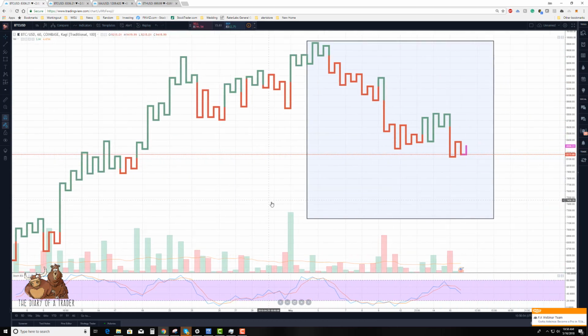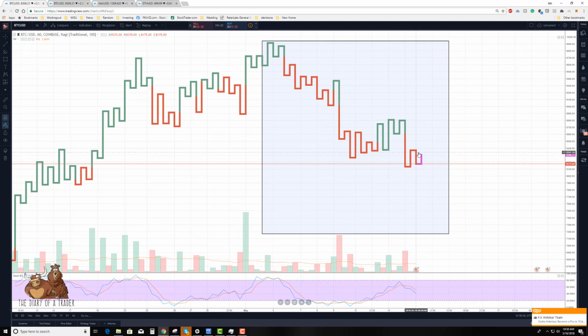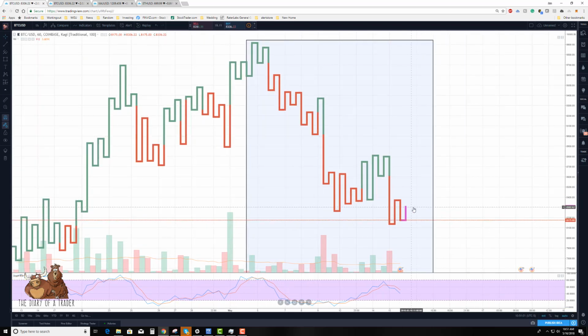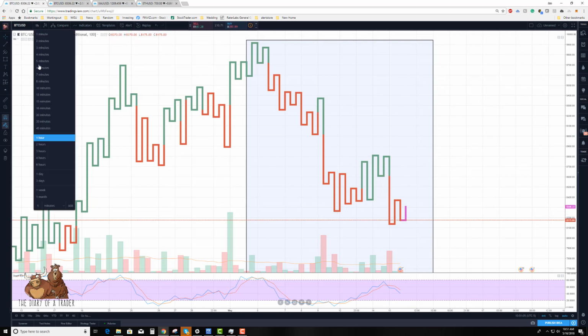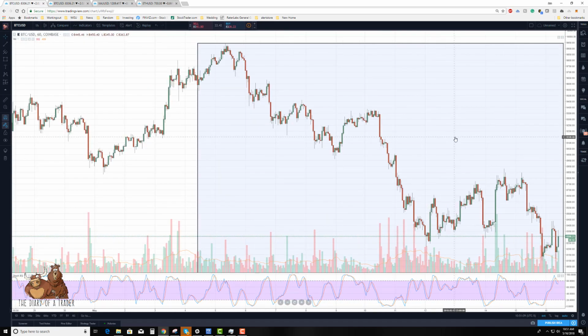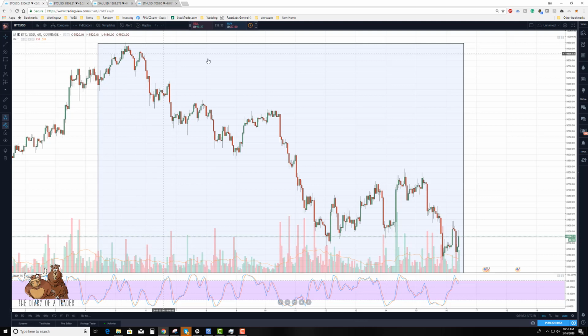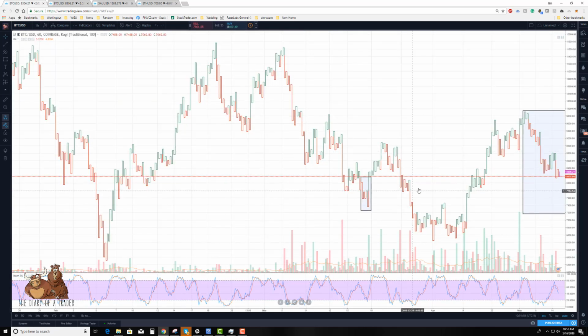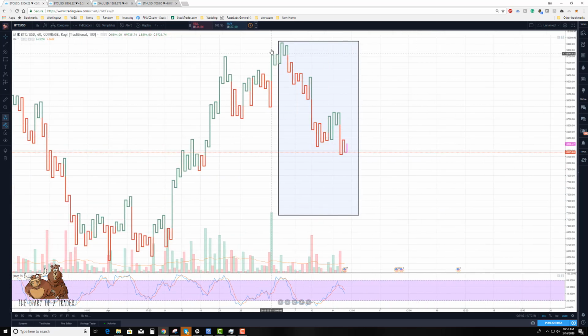And what's great about this form of analysis is that, let's say currently I want to know when to go long. Let's look at the candlestick chart. This highlighted zone that we're looking at is the same price action area as this chart in Kagi. The Kagi chart's a lot easier to read.